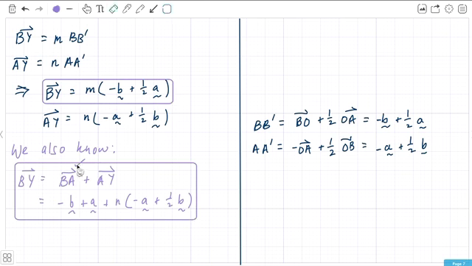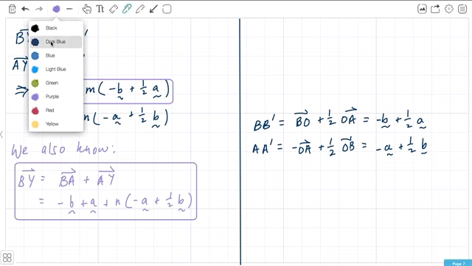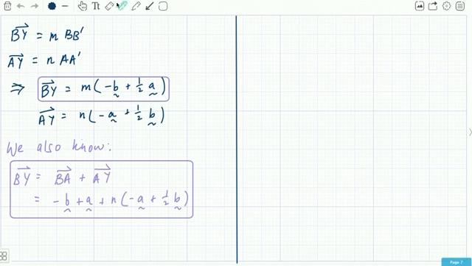So what we can do, because we know that these two things have to be equal, we can now equate them. So equating BY, we've got m times minus b, so we've got negative bm plus a half m, I'm just going to write that as m over 2 a, equals, and now equals this side here.